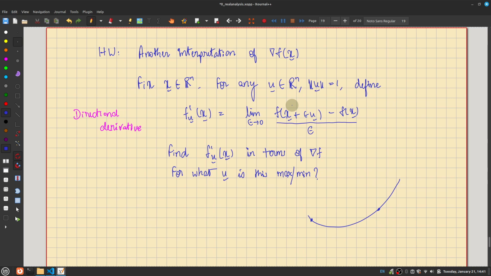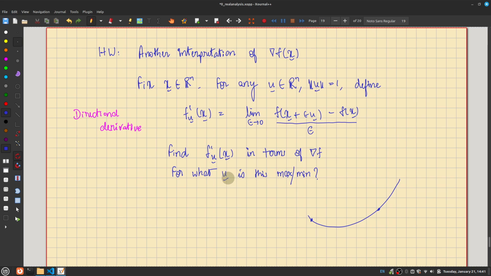And this is a homework problem. So find an expression for the directional derivative for a given direction, and it turns out that you can find an expression for the directional derivative in terms of the gradient. And what you can also show is that the directional derivative is the minimum if you look along the direction of the negative gradient.